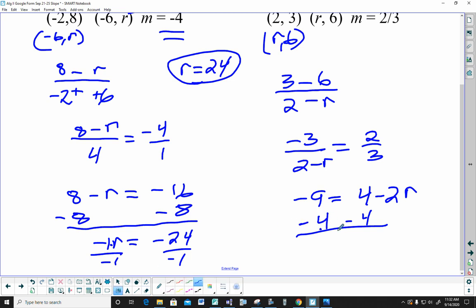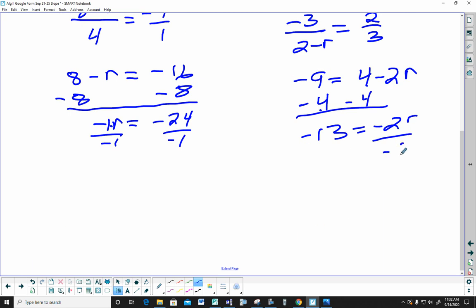Minus 4. So that's negative 13 is equal to negative 2r. To finish, I have to divide by a negative 2. So this is gone. This becomes positive. And I would suggest just leave it as 13 halves.